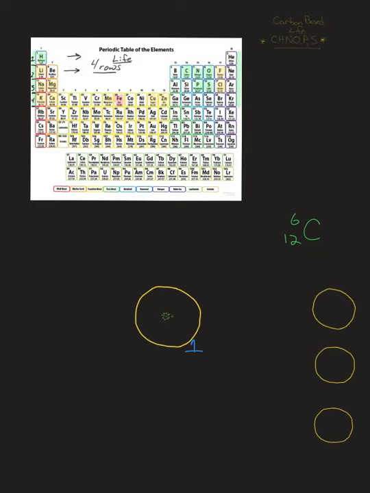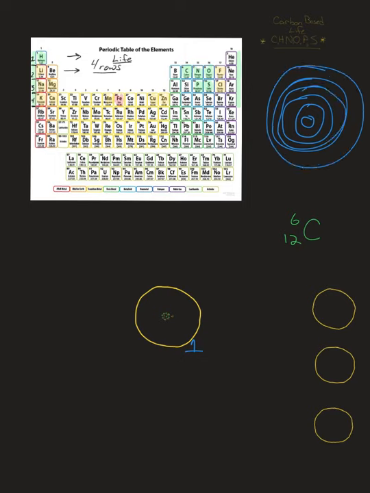If you think of a shell like an onion, you have many layers to an onion, or like a Russian nesting doll, one inside the other. So too are these shells, and the very first shell, being the closest to the nucleus, has a maximum of 2 electrons in it. The electrons have a negative charge, so I'm putting a little line.